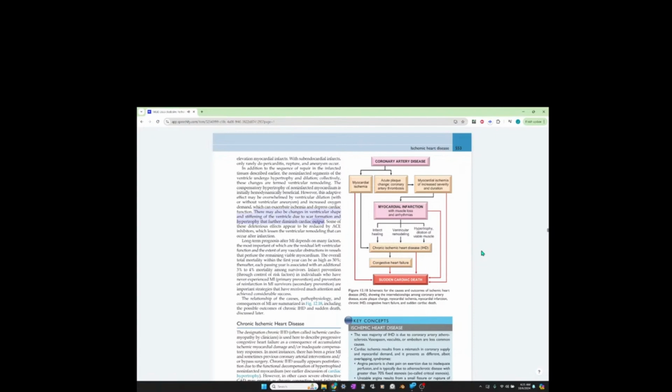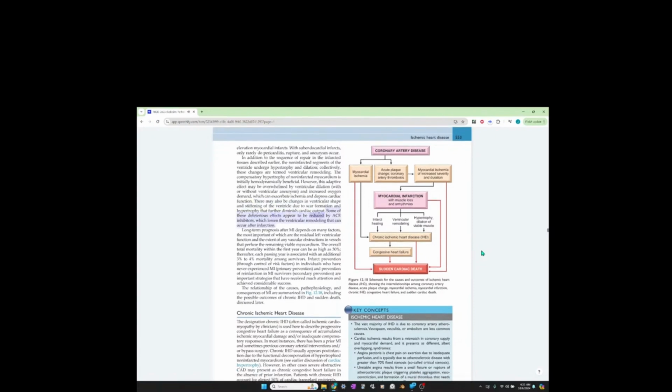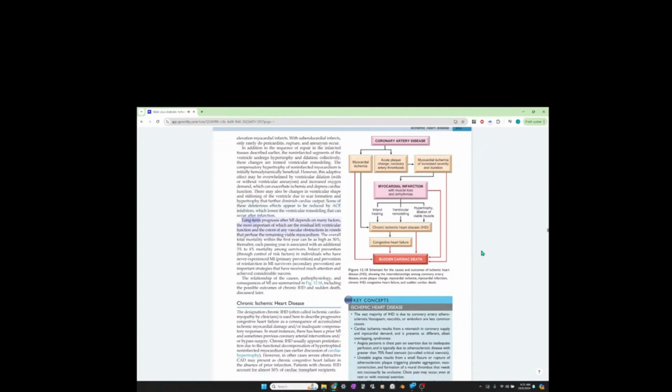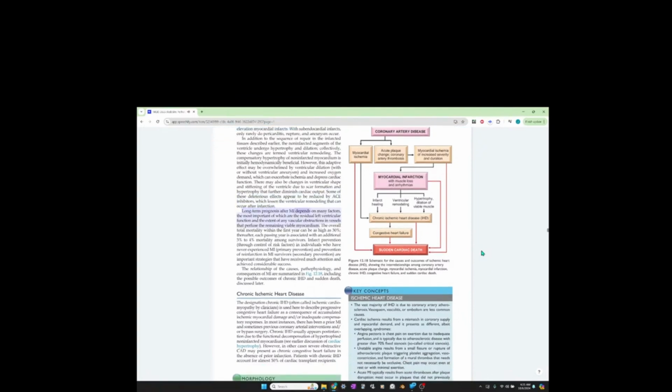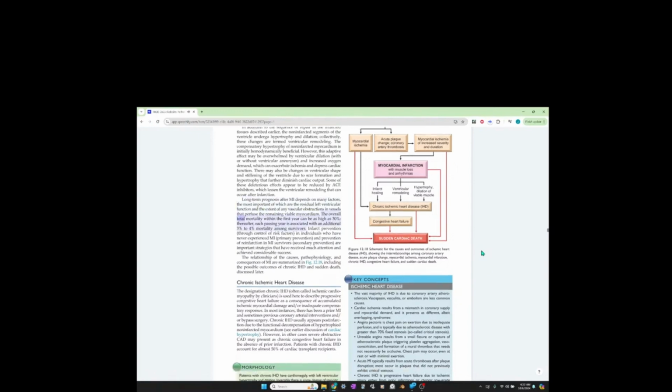Some of these deleterious effects appear to be reduced by ACE inhibitors, which lessen the ventricular remodeling that can occur after infarction. Long-term prognosis after MI depends on many factors, the most important of which are the residual left ventricular function and the extent of any vascular obstructions in vessels that perfuse the remaining viable myocardium. The overall total mortality within the first year can be as high as 30%.